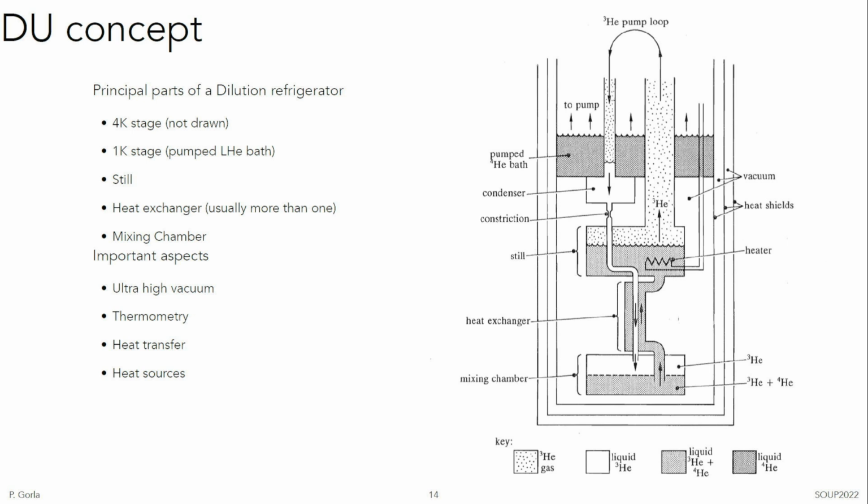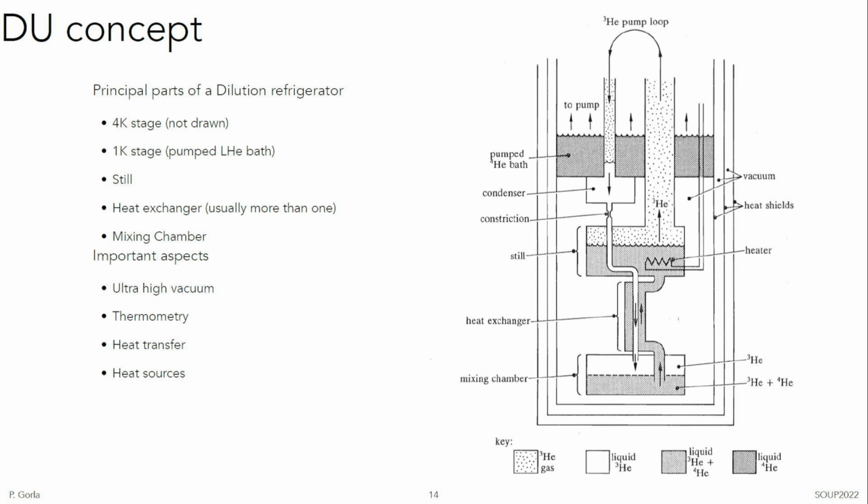Basically, what usually happens in cryogenic physics is you cool down by steps. So usually you have a 4 Kelvin stage, which is typically provided by a liquid helium bath, for example. The temperature of liquefied helium is 4.2 Kelvin. Then you need an even colder stage, the so-called 1K stage, which can be obtained, for example, by pumping on a liquid helium bath, so forcing evaporation, removing latent heat from the bath and reducing the temperature further.